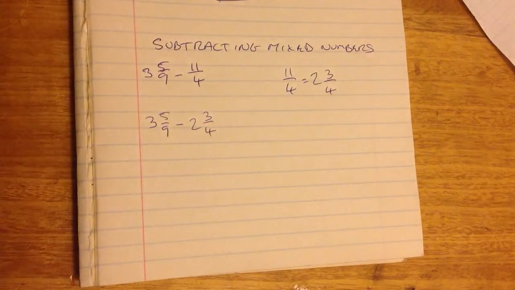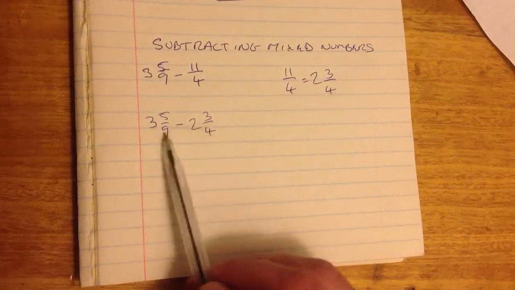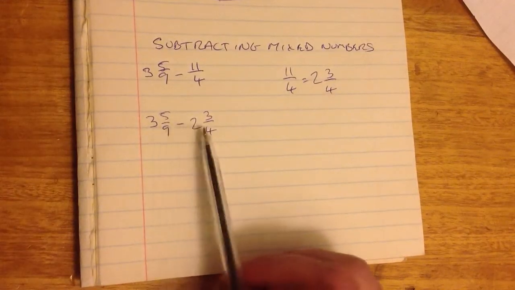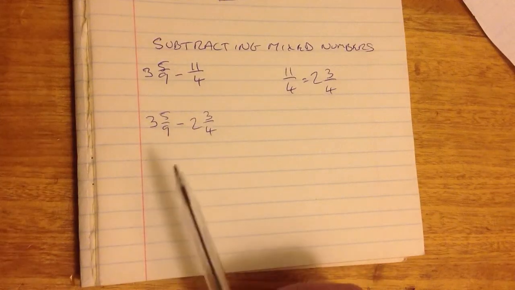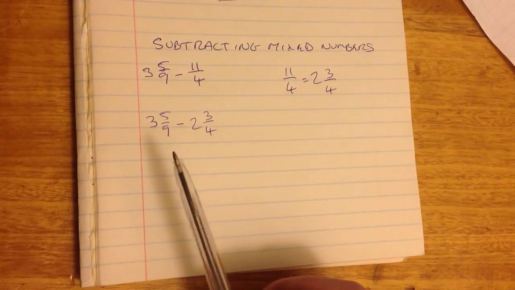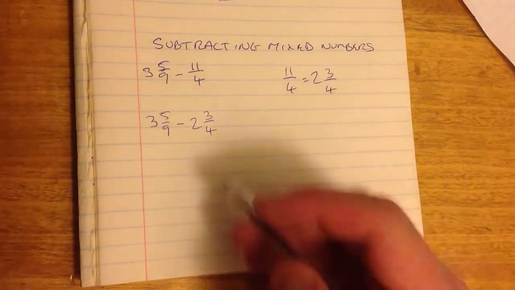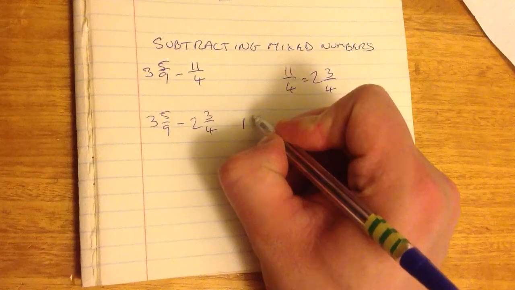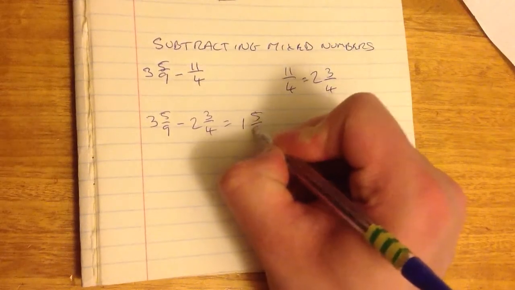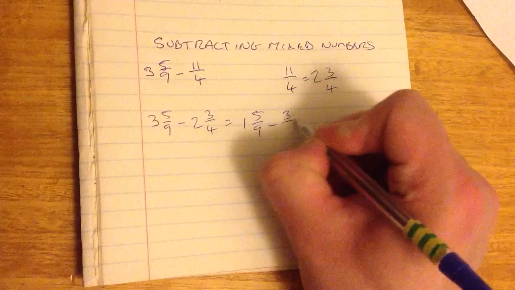If we have a look at our fractions, we could have a little bit of difficulty coming up because 3/4 looks like it's going to be larger than 5/9. Okay, but we'll persevere with it. So 3 take away 2 is 1. So we've got 1 and 5/9 take away 3/4.